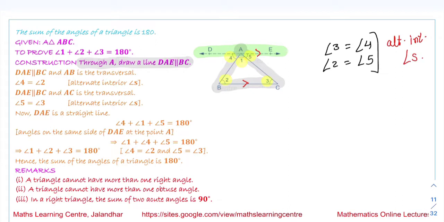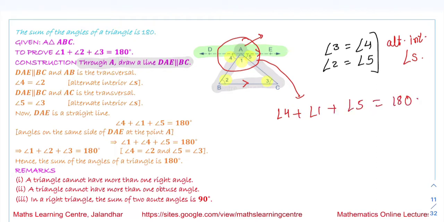Now look at this point A. At this point A we have 3 angles and they lie on a line. It means the sum of these 3 angles is 180 degrees, that is angle 4 plus angle 1 plus angle 5 is equal to 180 degrees. Why? Because DAE is a straight line and all these angles lie on the same side of DAE.